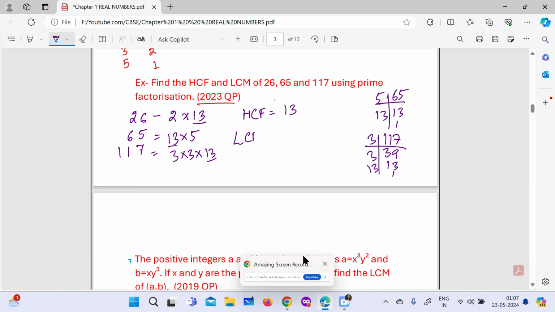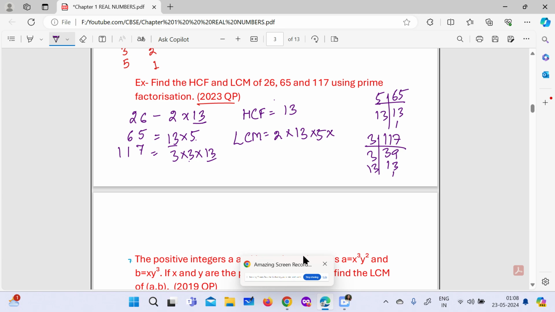And then for LCM we have to see each prime factor and the greatest power. So we have one prime factor, that is 2. Let's write 2 here, and then the next one is 13, and 13 has the largest power 1. And then you have 5, and then you have 3 squared.